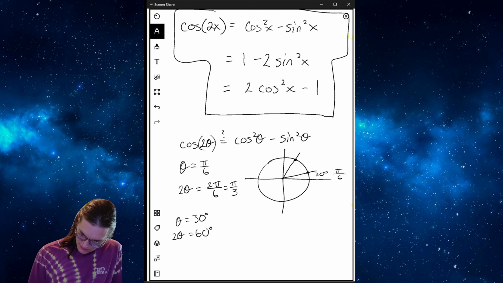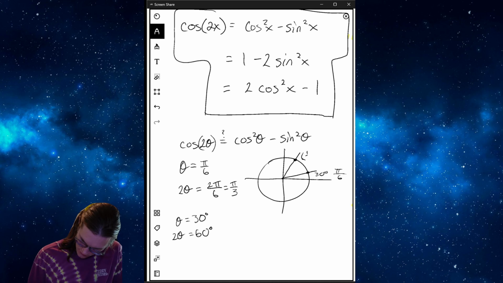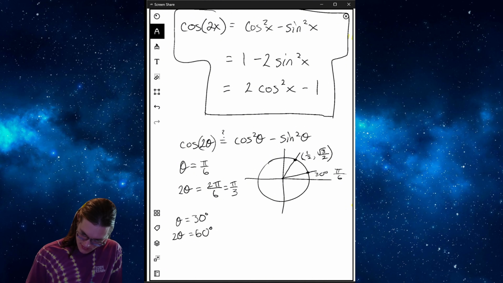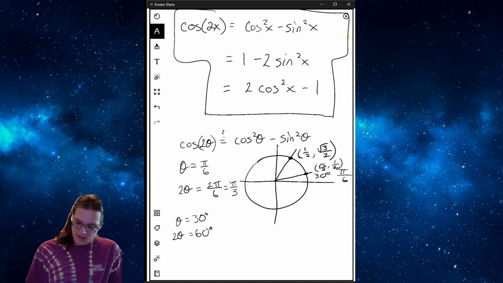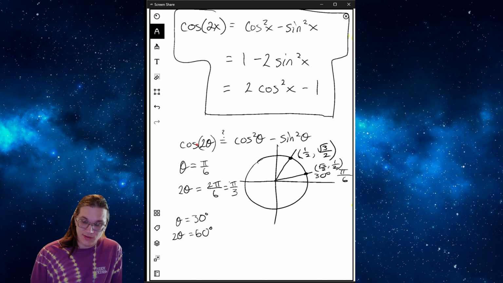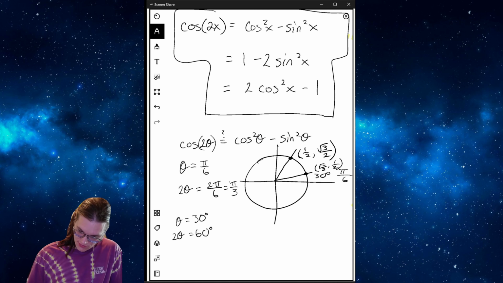Okay. What is my coordinate here? It is 1/2, comma, root 3 over 2. All right. And then what is my coordinate right here? It's root 3 over 2, comma, 1/2. Okay. So to answer this question mark, is this true?